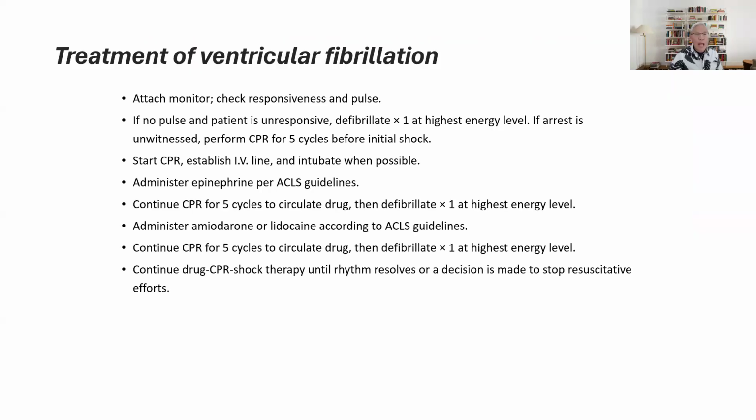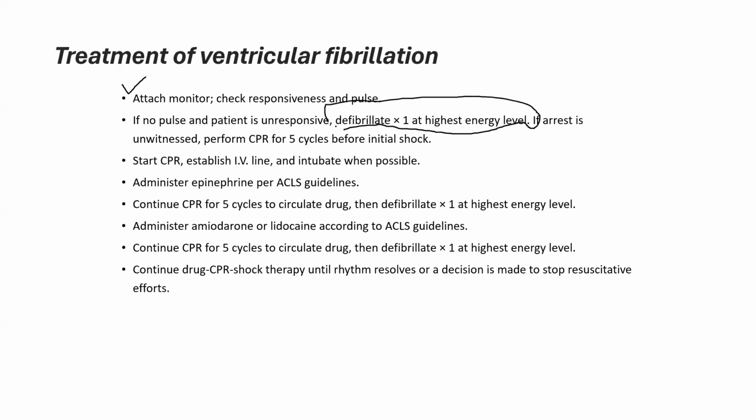In the event that this happens, you're going to have to attach the patient to the monitor. You're going to make sure that the patient is unresponsive. You're going to defibrillate at the highest energy that is available. Okay? So if it is unwitnessed, then you need to perform CPR for 5 cycles before you shock in order to give some oxygen to the heart so that it could be shocked better.